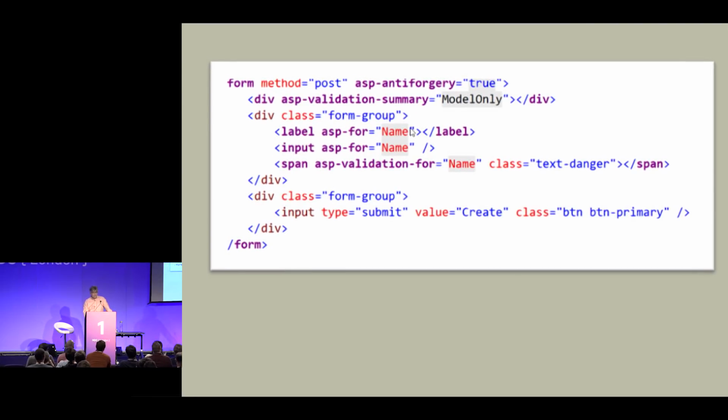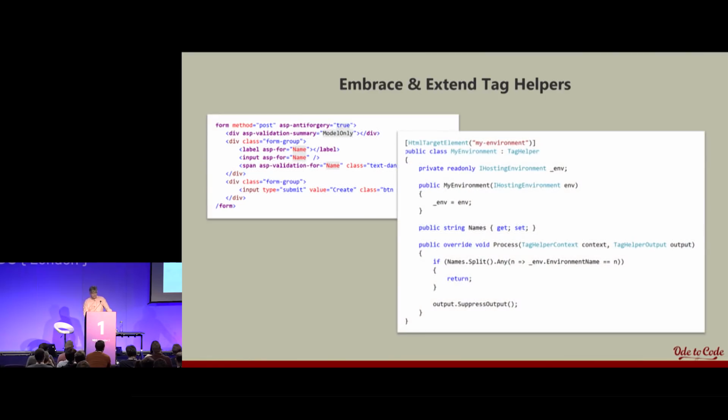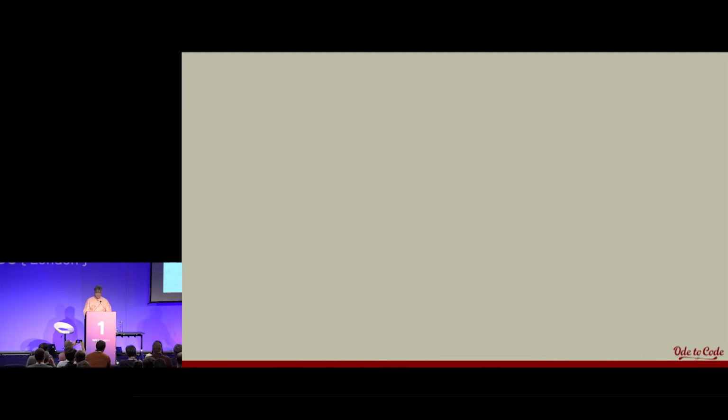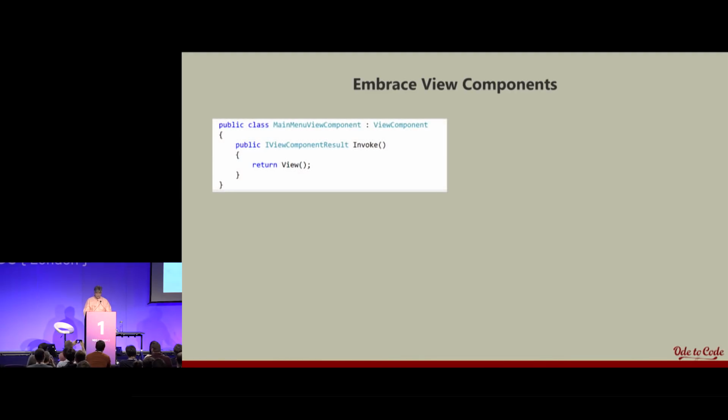And you still get IntelliSense help inside of asp-for, for example, if you strongly type the model for that view. And it's very easy to write custom tag helpers. All you need to do is derive from the TagHelper base class and override the Process method. So you can create your own tag helpers for interesting scenarios that are specific to your application.